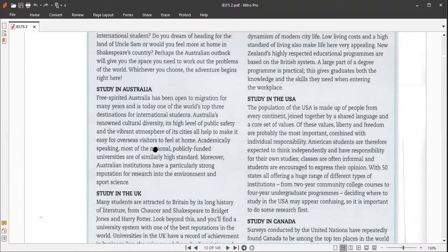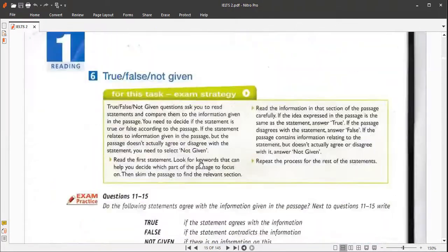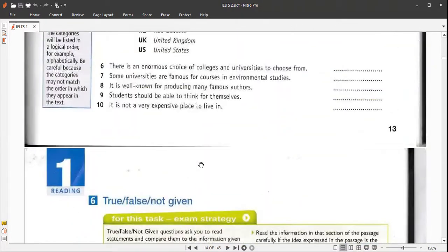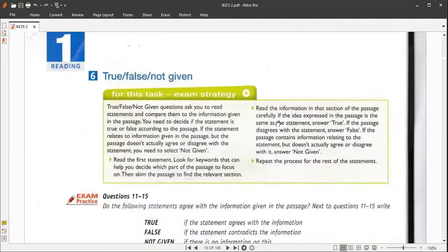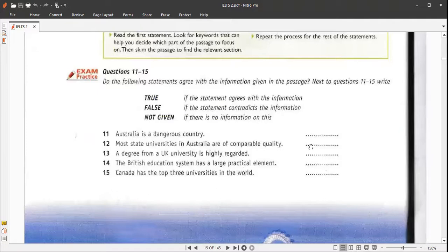Most of the national publicly funded universities are state universities of similarly high standards. So yeah, they're comparable. So the answer is true. Sorry, the previous one is false, this one is true.